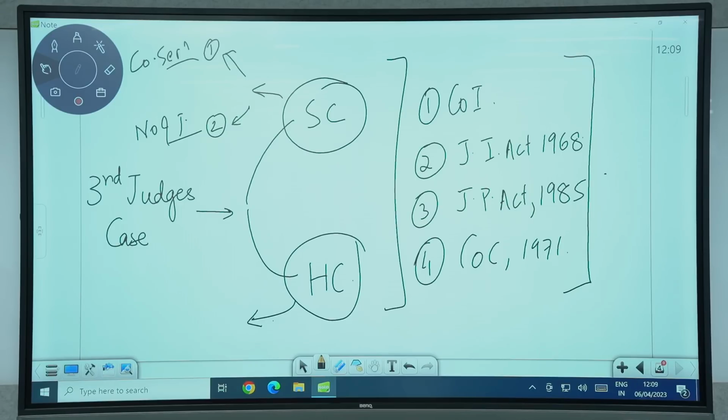Now, the Supreme Court Judges Salaries and Conditions of Service Act is 1958. And you have the Supreme Court Number of Judges Act of 1956. So, which is why when you are changing the number of Supreme Court judges, you are effectively changing two laws.